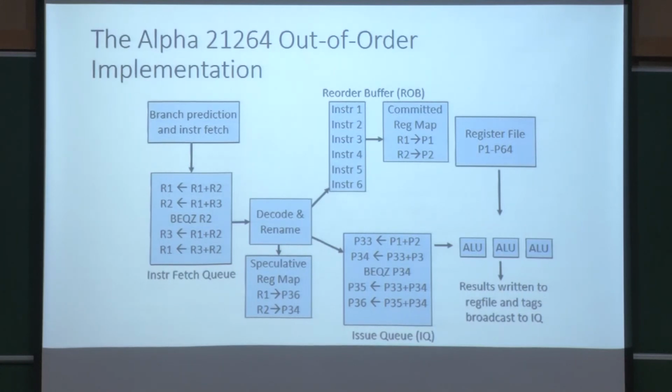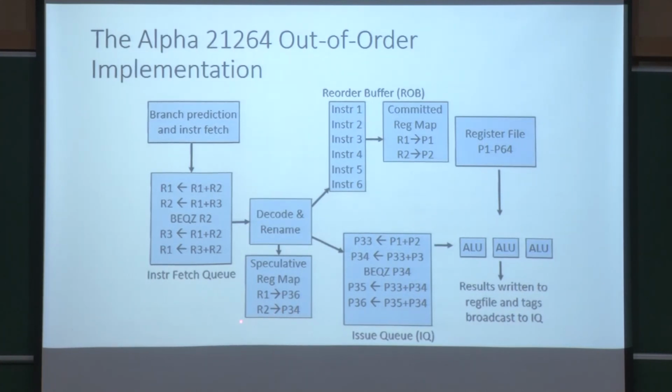But in essence, what they are maintaining is levels of indirection, right? At this point in time of program execution, if you want to look for the latest value which was being pointed to by register R1, it's now sitting in P36, right?